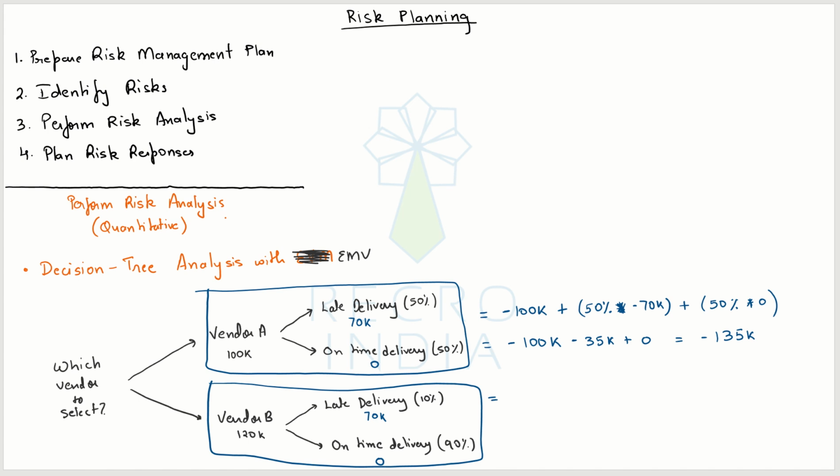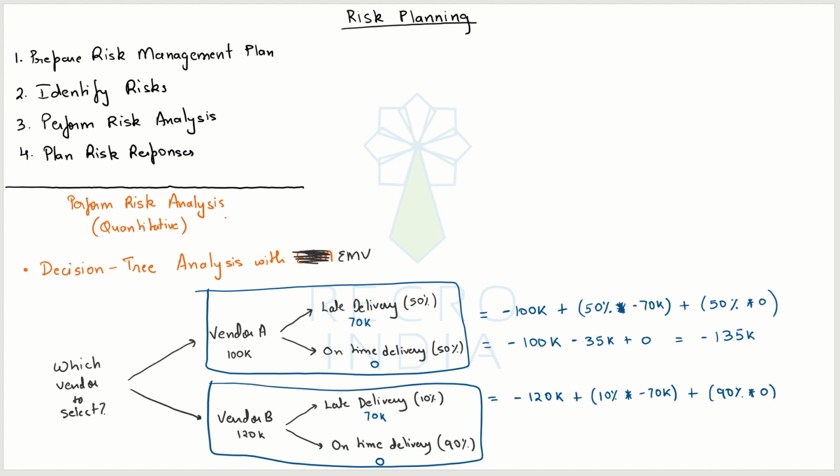Similarly, let's go with vendor B and see how it turns out. So we end up paying 120k to this vendor, plus there is a 10% possibility of delivering late, which leads to an impact of negative 70,000, plus there's a 90% probability of delivering on time with an impact of 0.